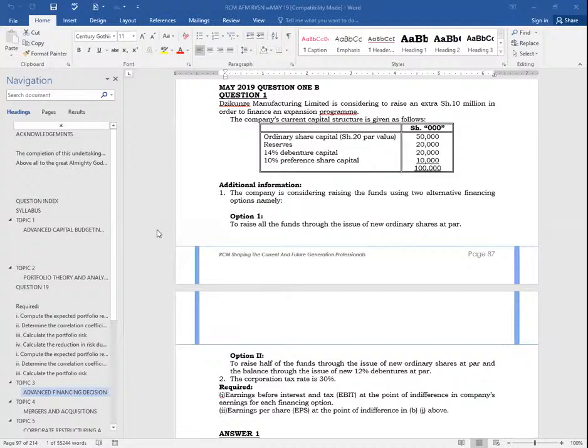So come and raise this at 20. And therefore, ladies and gentlemen, what I'll be interested in here is the number of what here, somebody? Number of shares. So number of shares here will be 10 million divided by 20, which will end up giving me what figure?